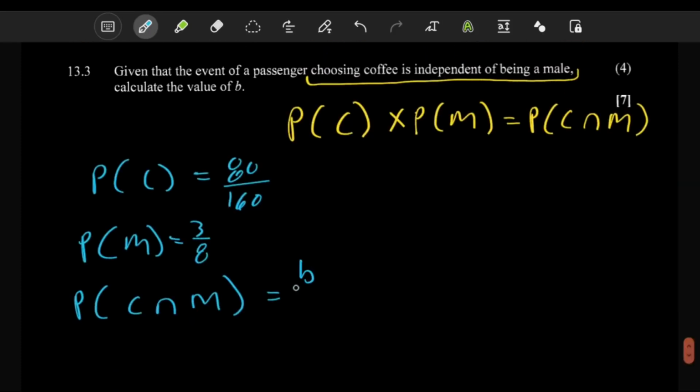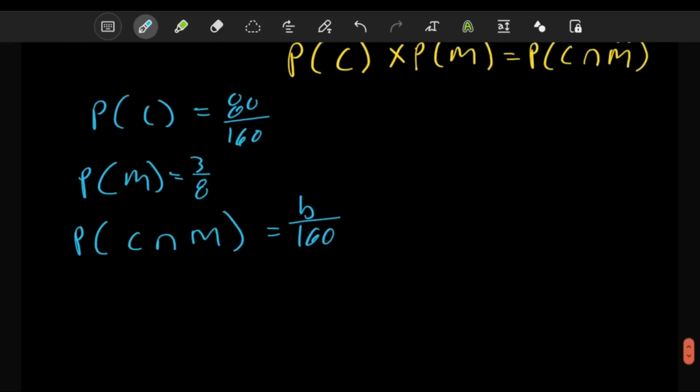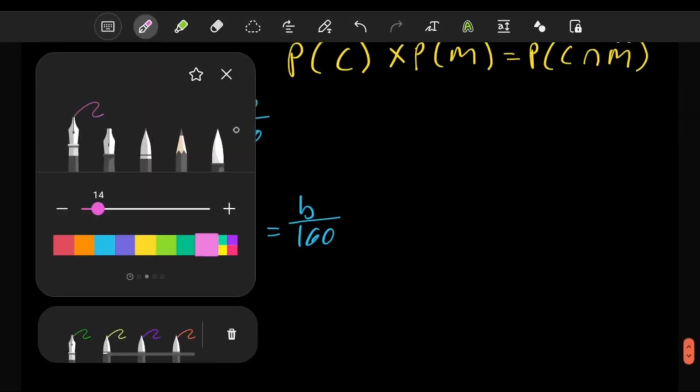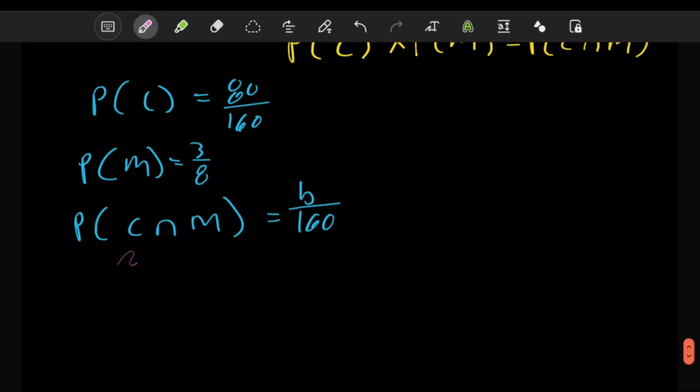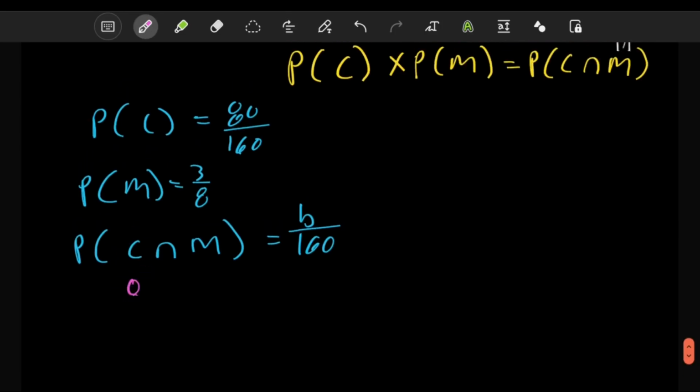So we know that because these are independent events, this times that is equal to that. So we can easily work out B here. Very easy question actually. 80 over 160 multiplied by 3 over 8 should be equal to B over 160.